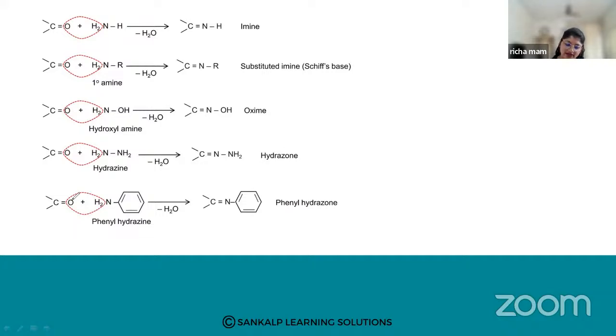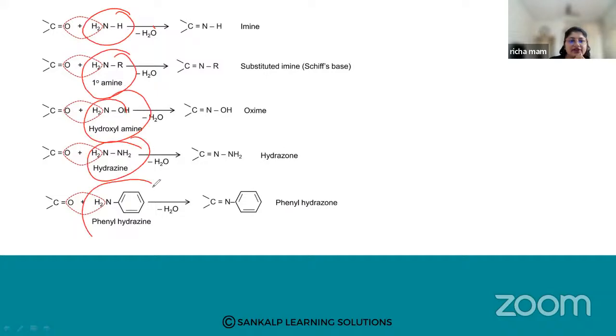Nucleophilic addition is one of the important reactions. These are things you have to remember. They might ask you how, with the different derivatives, you get different products. They may ask how you get oxime.